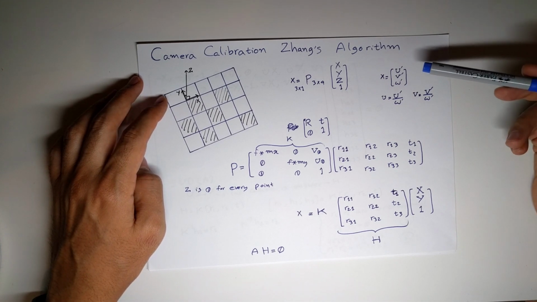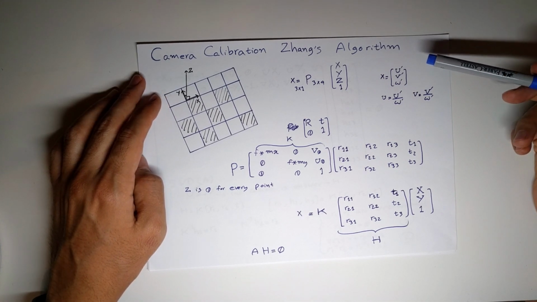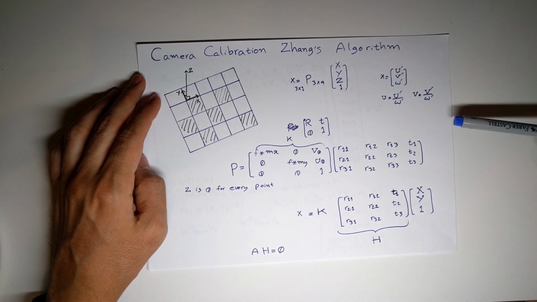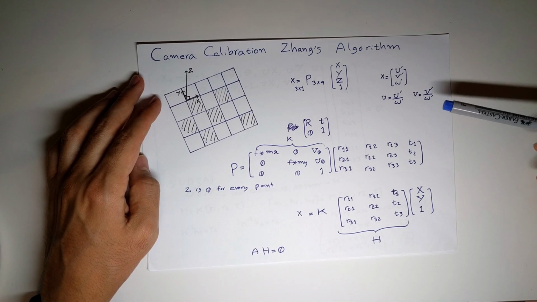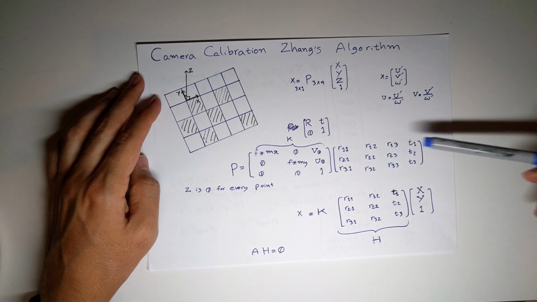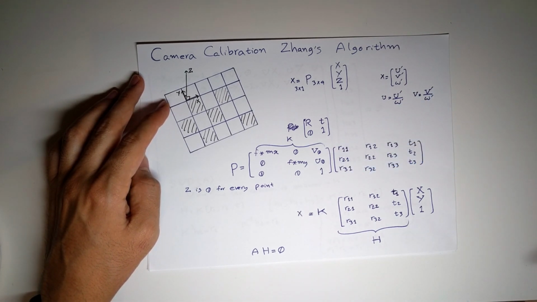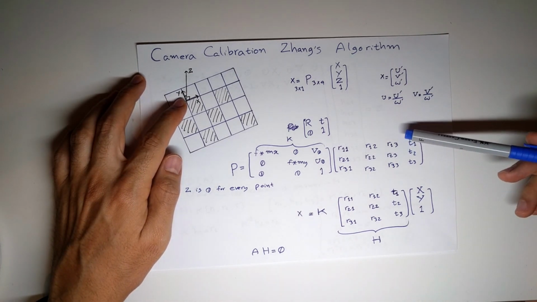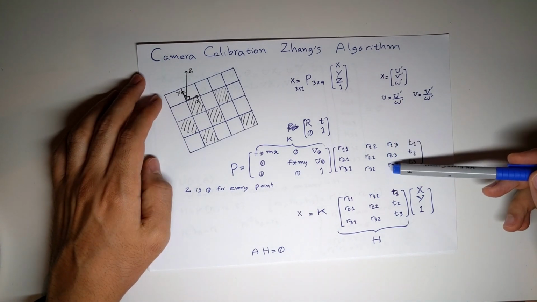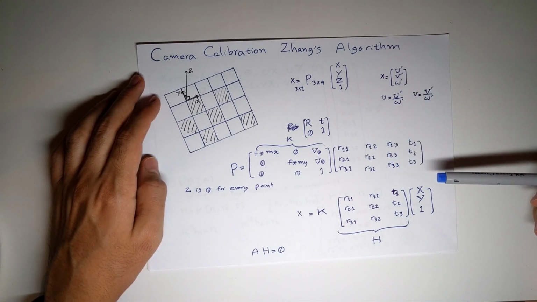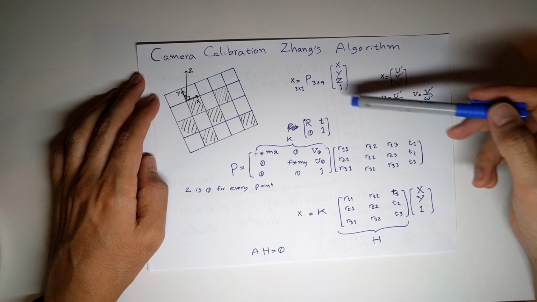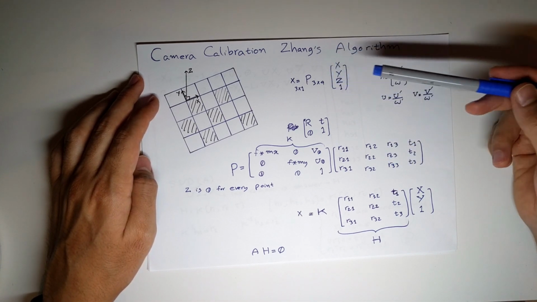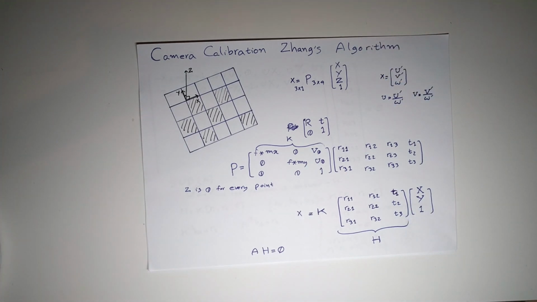To get the point in the image plane, we just have to multiply by a projection matrix and divide by the third dimension. So this is my intrinsic parameter, this is my extrinsic, rotation and translation. Because z is 0, this column is only going to be multiplied by 0. The third column multiplied by this, you can see it's always going to be 0, so we can easily omit it.